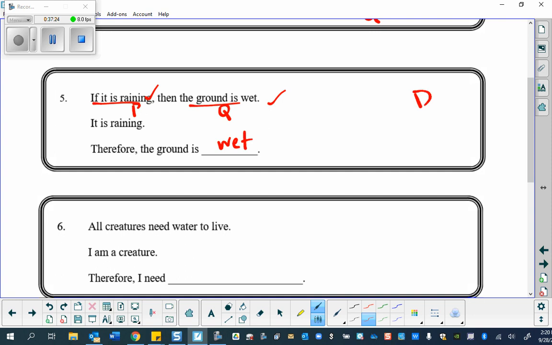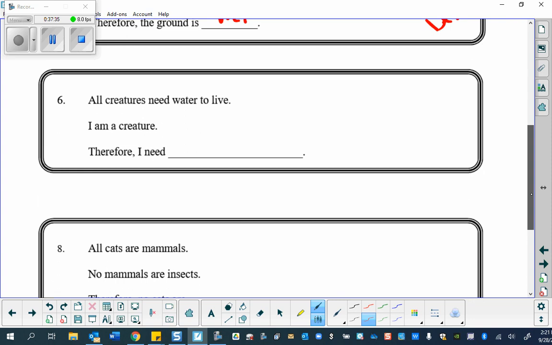My Q is going to be true. Deductive reasoning, law of detachment. Number 6. All creatures need water to live. I'm a creature, therefore I need water to live.